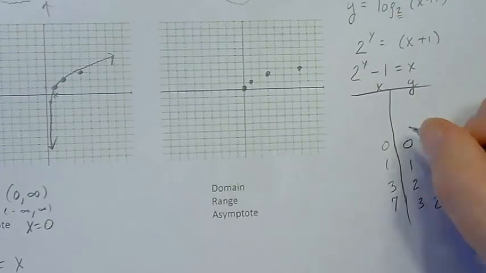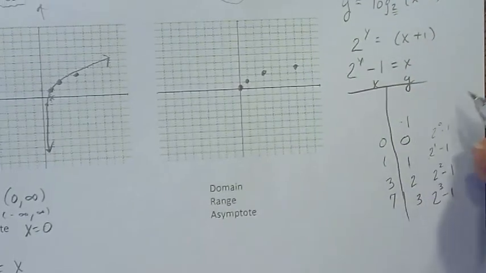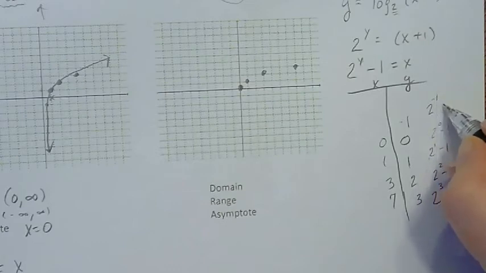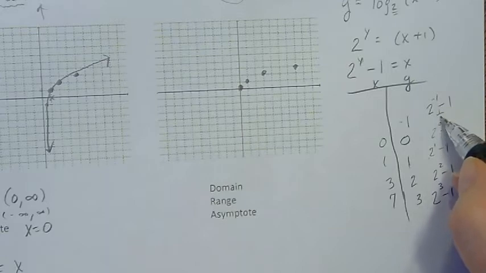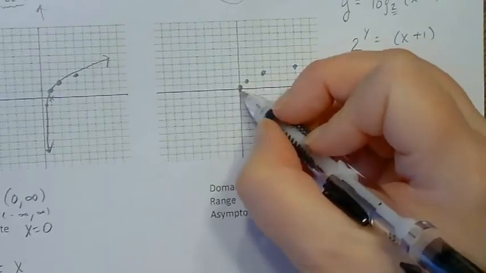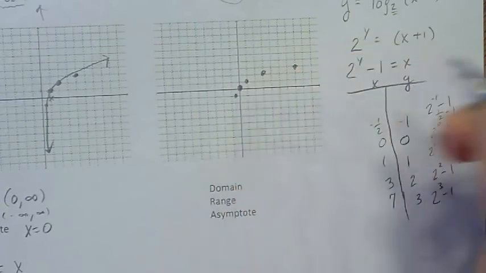Okay, let's go backwards and let's try negative 1 for y. So 2 to the negative 1 minus 1. 2 to the negative 1 means 1/2, minus 1, which is negative 1/2. So this time I'm going to go negative 1/2 and down 1.